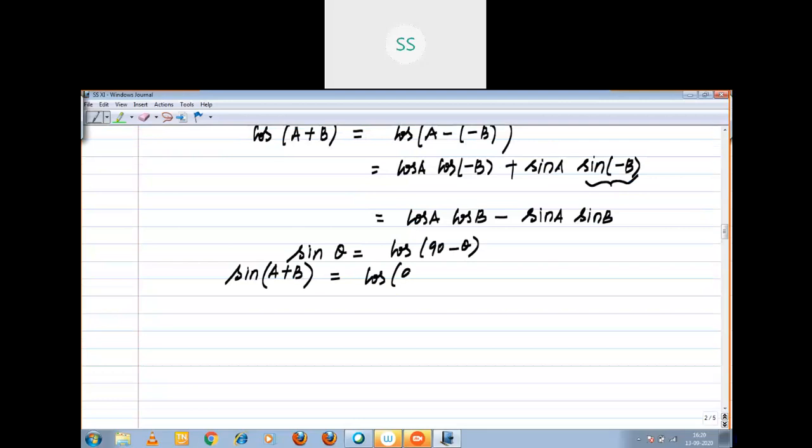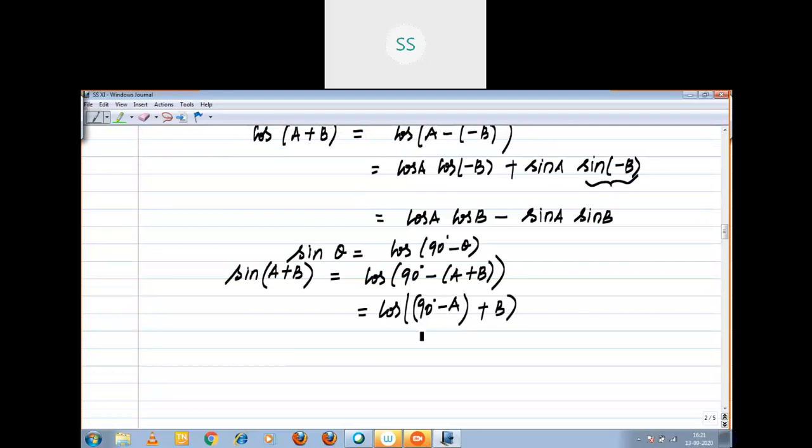Sin(A plus B). Sin theta equals cos of 90 minus theta. Now, cos of 90 minus (A plus B).